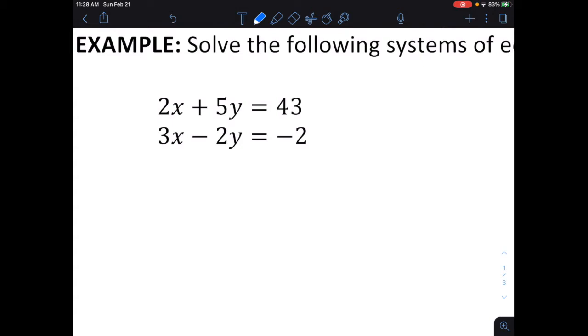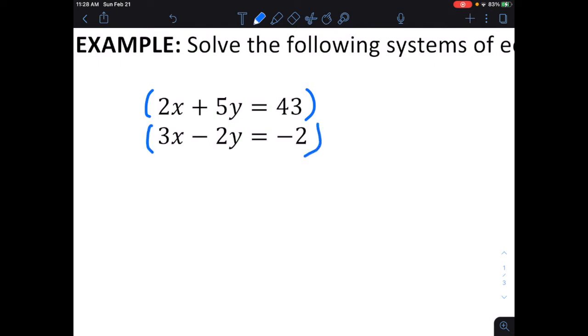I can't turn a 2 into a 3 very easily. I can't turn a 3 into 2 very easily. So if we run into a situation like this and we need opposites, and in this case they are both positive, 2x and 3x, we are going to multiply each equation by the other coefficient that's in front of the variable.